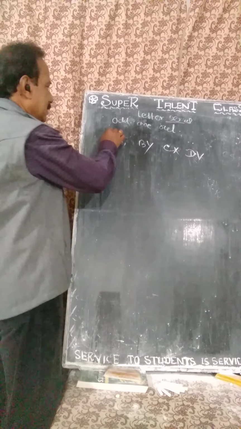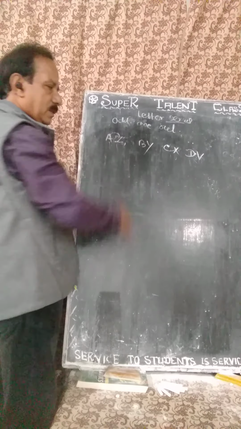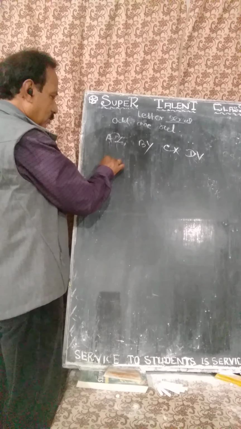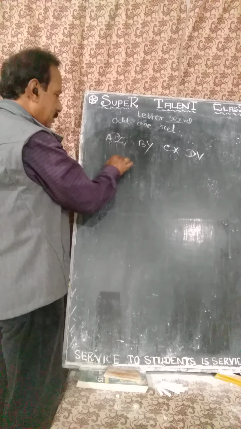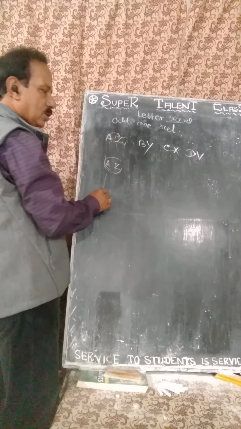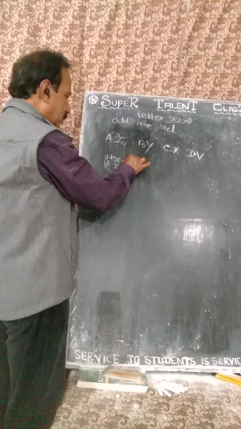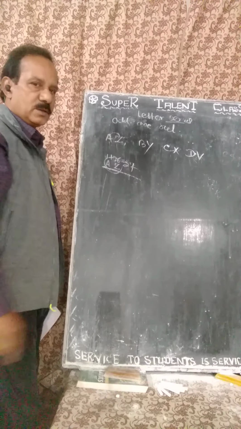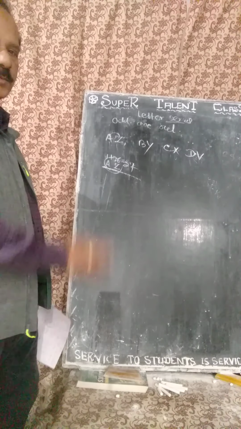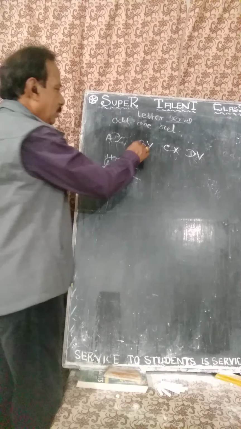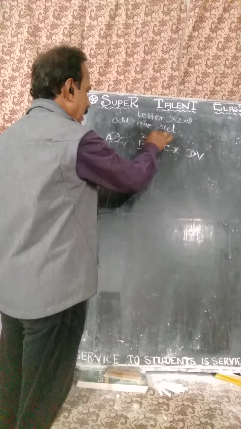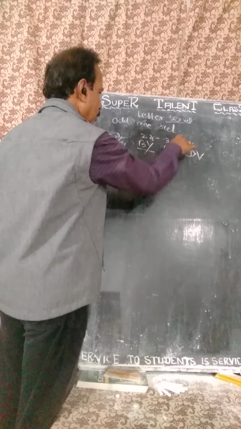So A to Z, first letter, last letter: the logic is 1 plus 26, always it will be 27. Mind it, you must get some question from this logic. B, Y: 2 plus 25, 3 plus 24.